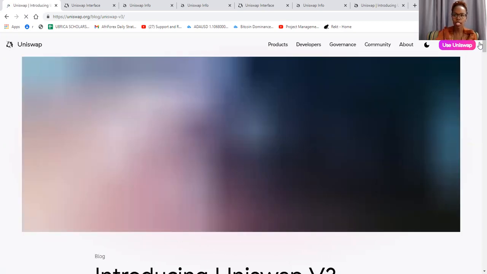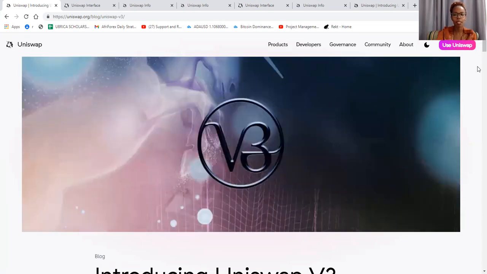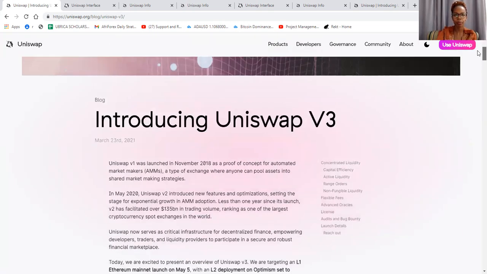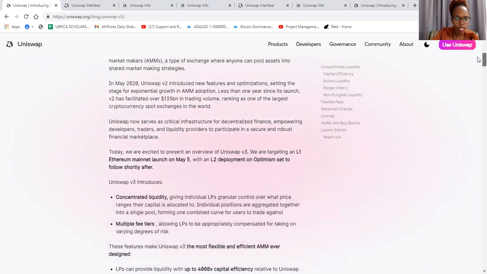This document is basically an introduction to Uniswap V3, and I'm going to go through it so that I can explain some concepts to you. These are the main concepts that were introduced in V3. V3 was launched on, let us see, May 5th, that is May 5th this year.